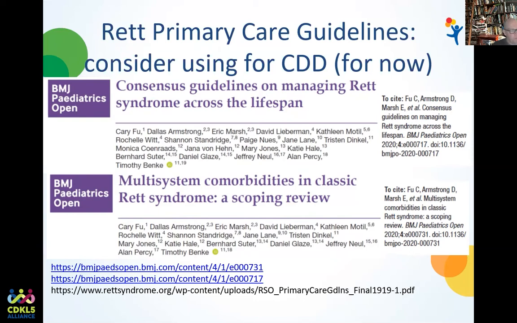I think both of these papers are quite useful, and I would say that because I was an author, but I think both are quite useful if you provide a copy to your primary care physician, because they serve as a checklist such that all of the items can be followed on a routine basis.